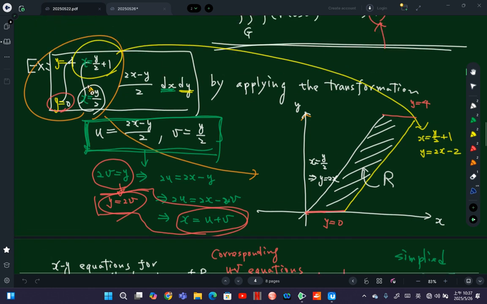Based on this, as I remember, I also encourage you to add the x in and y in based on which variable will be integrated first. For example, this is dx, so we just put x here.